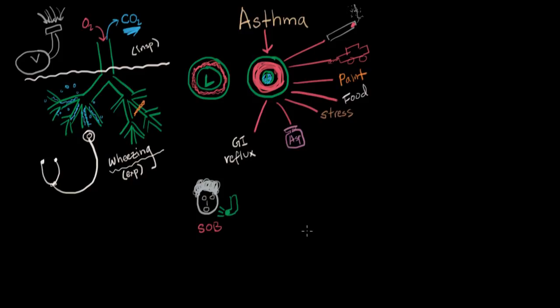Now, lastly, I just want to mention that asthma, just from observation, seems to be related to two other diseases. There's asthma, there's eczema, which is a disease of the skin. You have excessively dry patches of skin that, again, flare up. They can be red and angry or dry and peely.